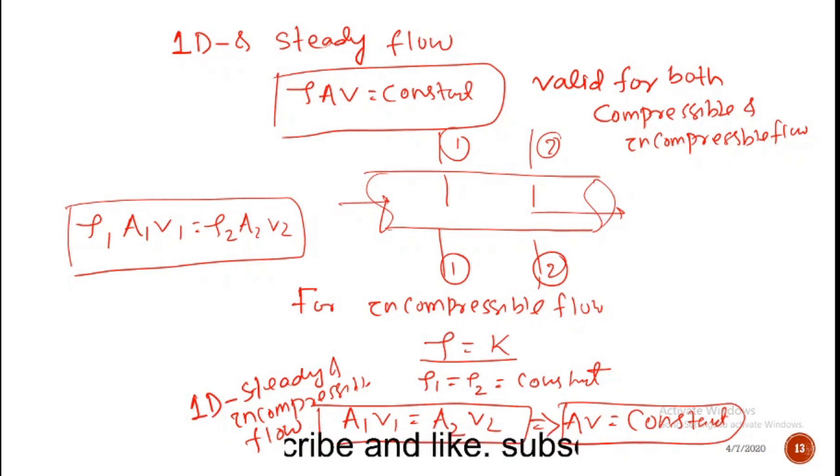Then we went to the one dimensional steady flow continuity equation, which comes to rho A V equal to constant, and we have seen how we can use this equation at different sections. Whatever mass is flowing at section 1, the same mass will flow at section 2, because mass can neither be created nor destroyed. So for incompressible flow, we can write the continuity equation as A1 V1 equal to A2 V2.